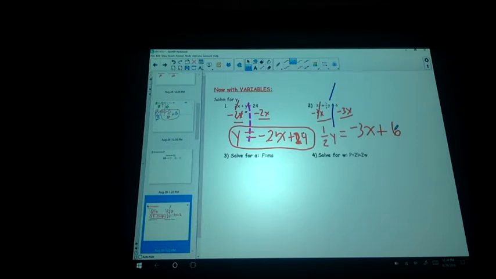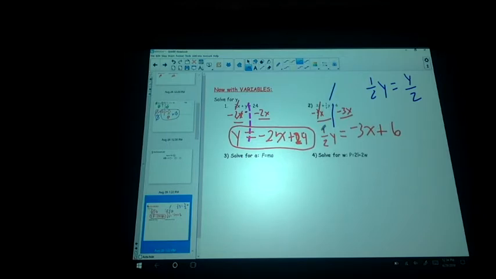So what should I do? How can I do 1/2? Multiply by. So I'm going to put this up here. 1/2 y is the same thing as y over 2. So what should I do to move that over? Multiply by what?